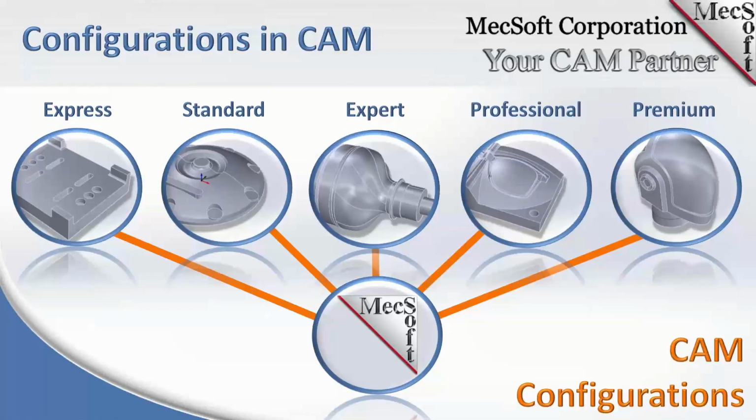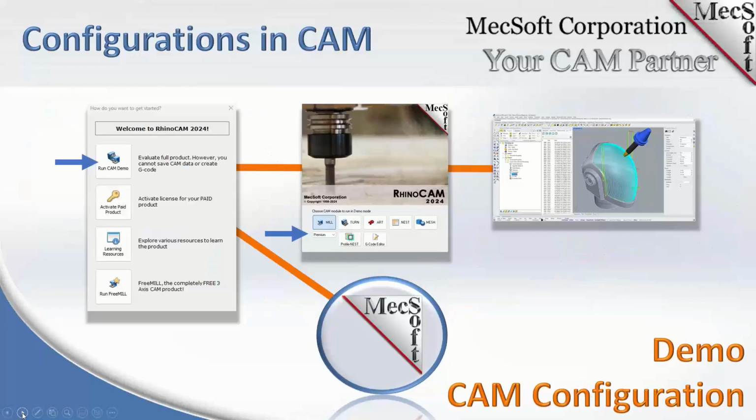We have a lot of sheet stock machining, and a lot of woodworking, so we have a lot of other application types, but we're just going to be illustrating in mold and die since it's relatively easy to compare part files. So we're going to talk about the Express on the left, and then we'll move over to the Standard, Expert, Professional, and Premium. Let's go ahead and go to the next slide.